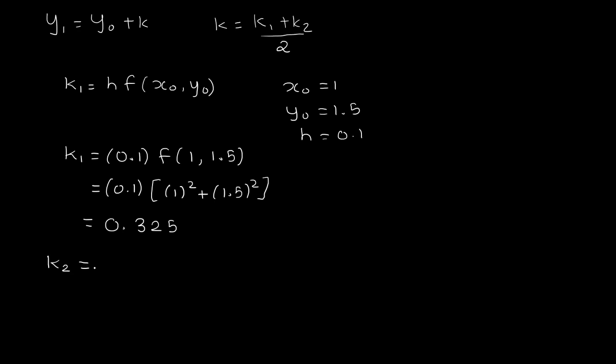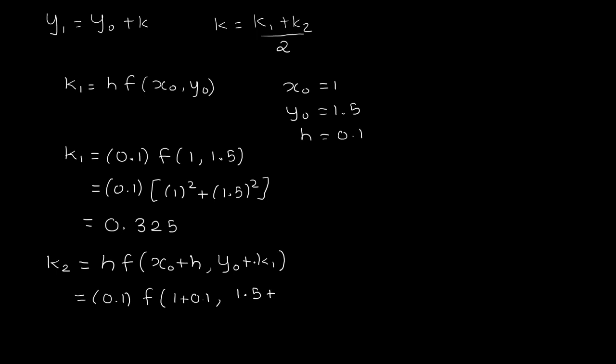Next step is finding k2. k2 is given by h into f of x naught plus h comma y naught plus k1. Now h we know already, it is 0.1. x naught is 1 plus h is 0.1, comma y naught we know already, that is 1.5 plus k1 we have just calculated, that is 0.325.